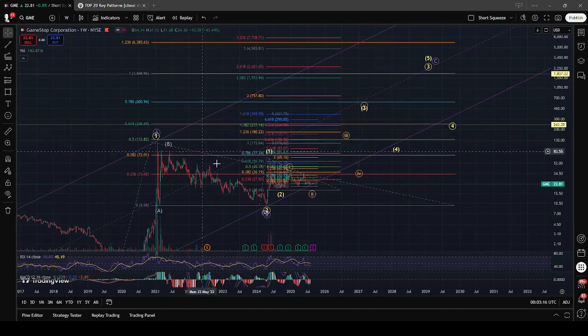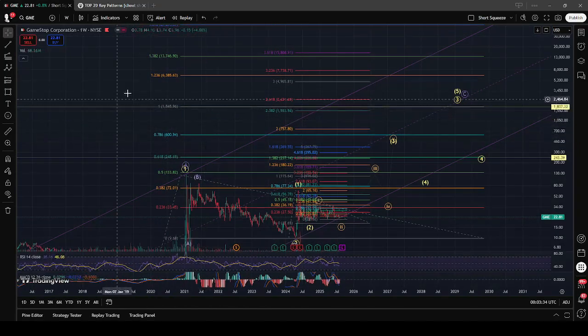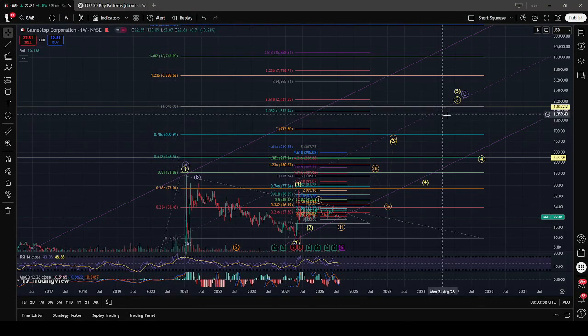So either way, we're looking very good for this level right here. 1,800, let's just round it up to 1,850, or round it down at 1,800. Approximately that area. So it's very, very likely to hit this.